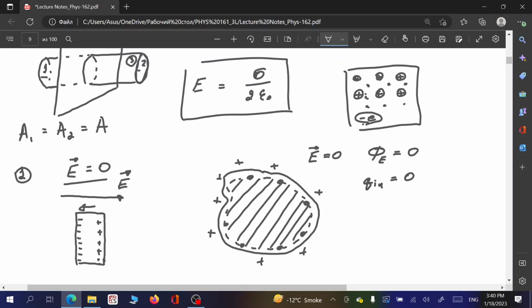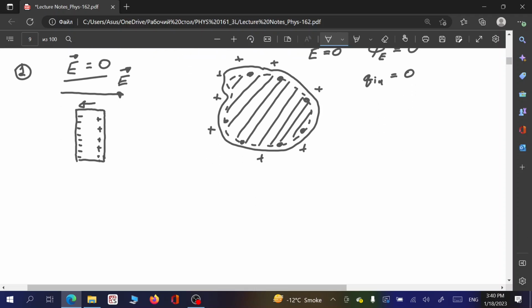And now what we also can determine is the magnitude of the electric field vector next to the surface of this conductor under electrostatic equilibrium.